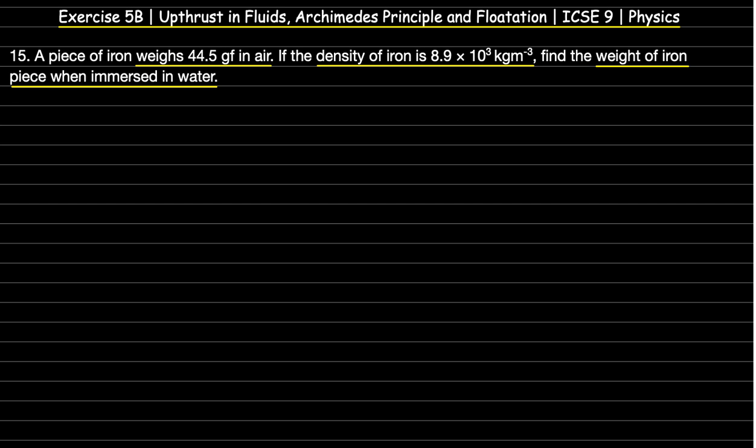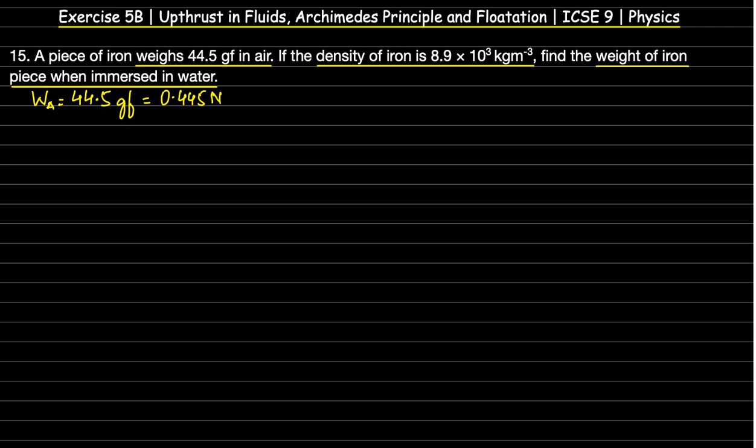So we would be writing the given data. Weight in air, that would be WA, will be equal to 44.5 gram force. When we convert gram force to newtons, we divide by 100 and we get 0.445 newtons.